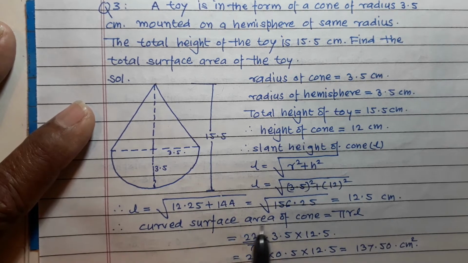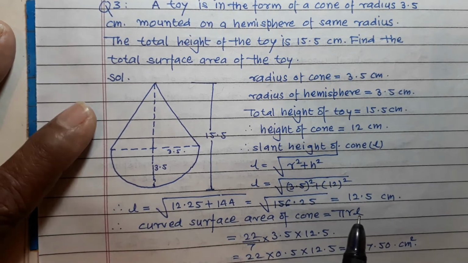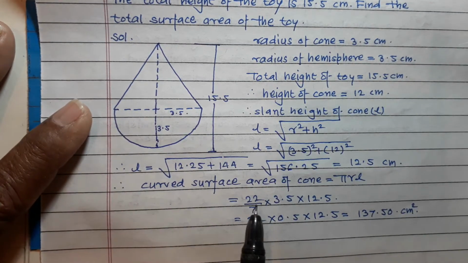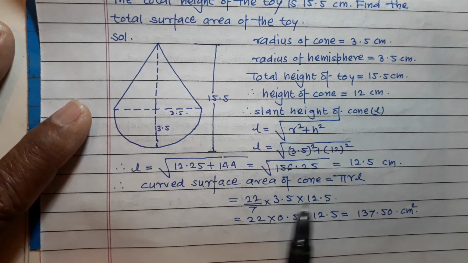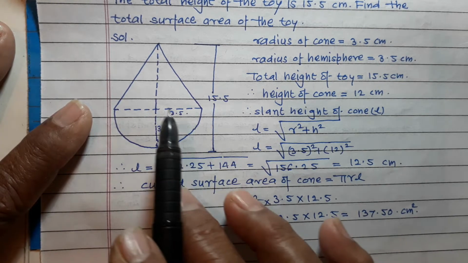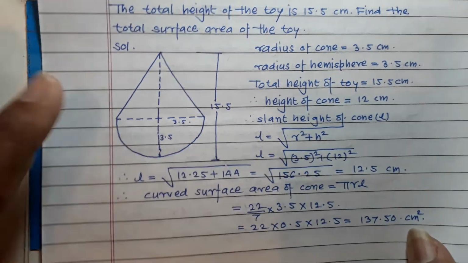So curved surface area of the cone is equal to pi r l. So 22 upon 7 into 3.5 into 12.5. If you simplify this, you will get 137.50 cm square. So this is the curved surface area of the cone.